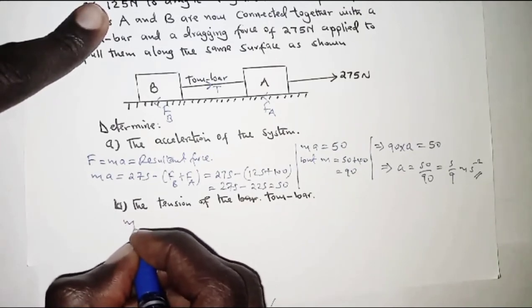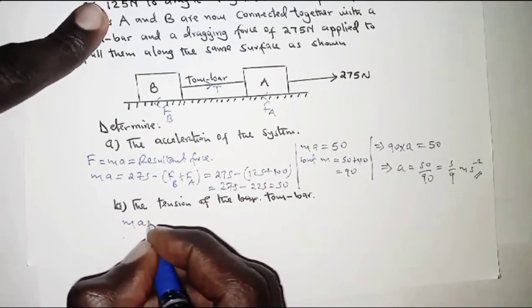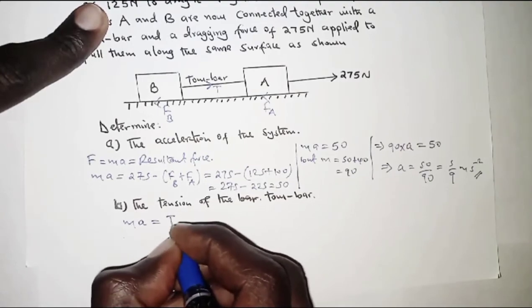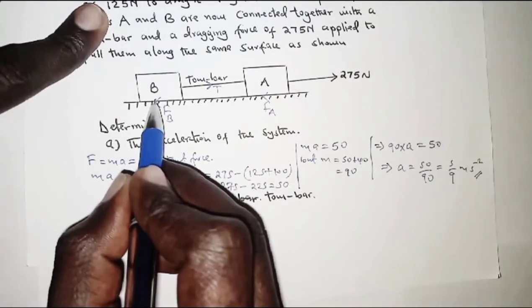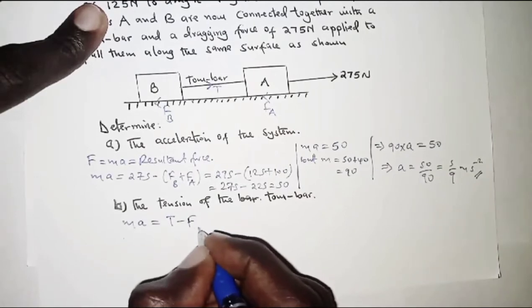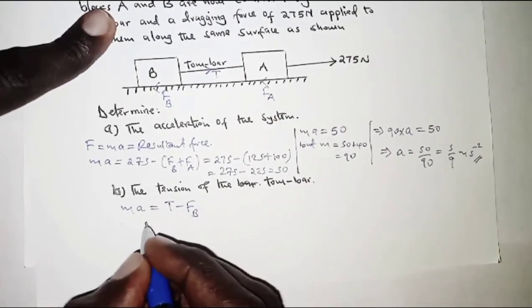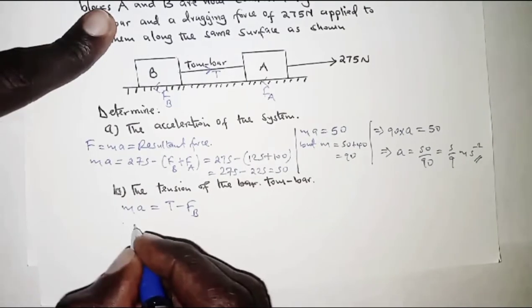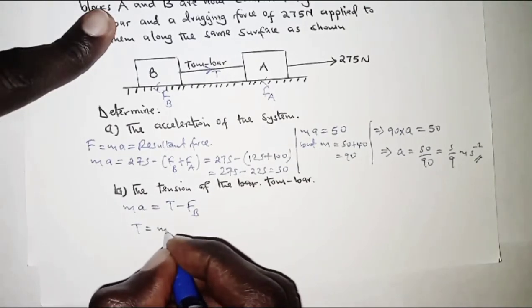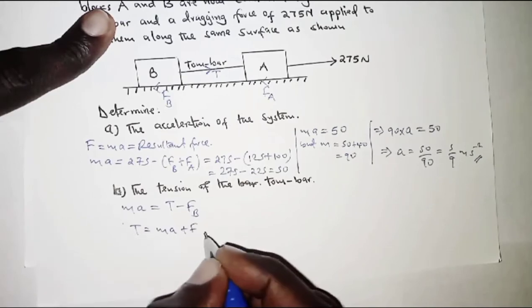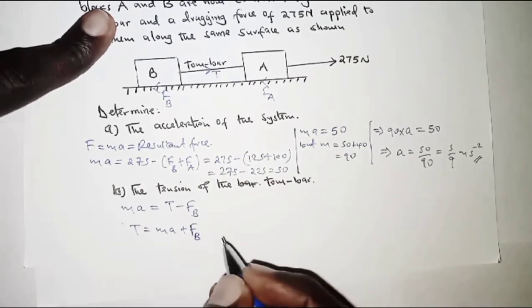We have the resultant force ma given by the tensional force having to overcome the frictional force on B. That means we can rewrite this equation as T is equal to ma plus the frictional force on B.